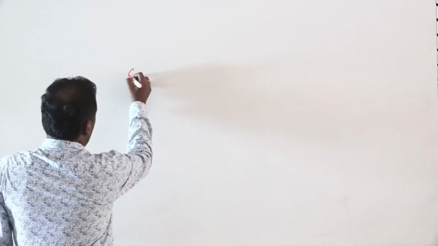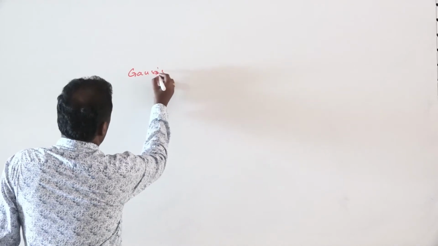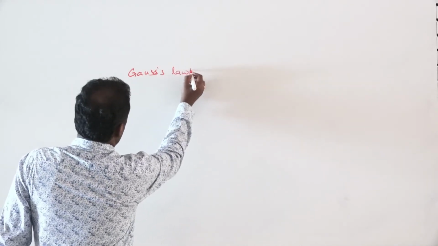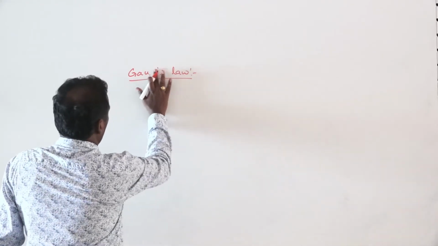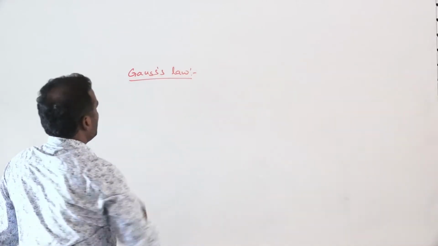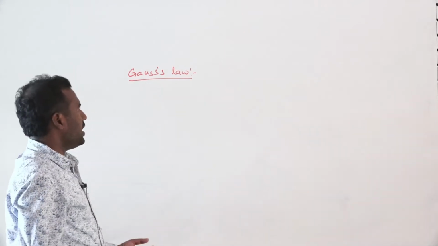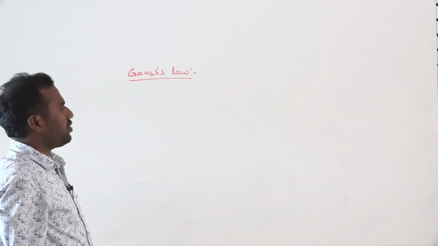So Gauss law is a mathematical treatment to find electric flux from a closed surface. Gauss law is applicable when the electric field lines emerge from a closed surface.